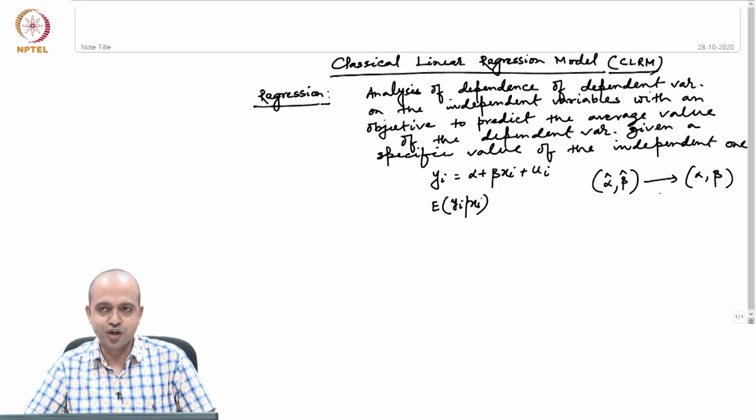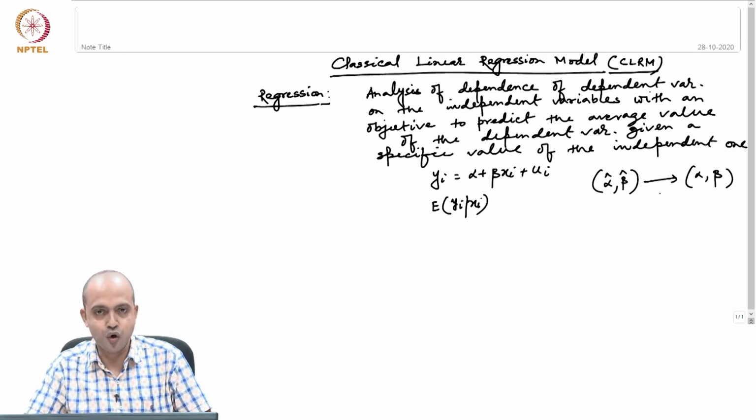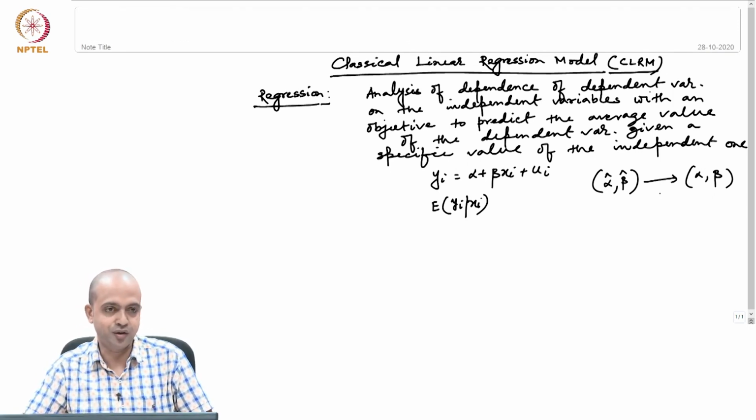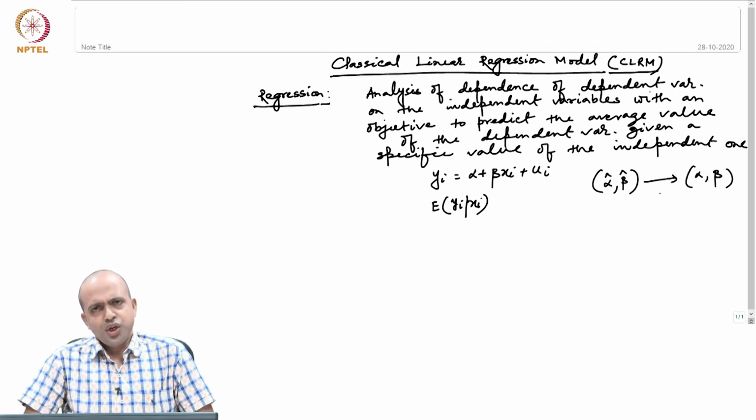That is why regression analysis is so important in econometrics, and there is only one technique called regression to estimate alpha hat and beta hat with an objective to draw inference about the true population parameters alpha and beta.